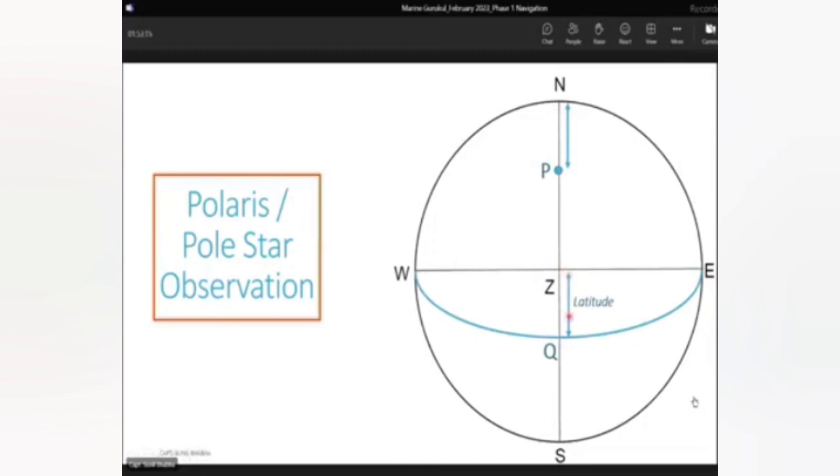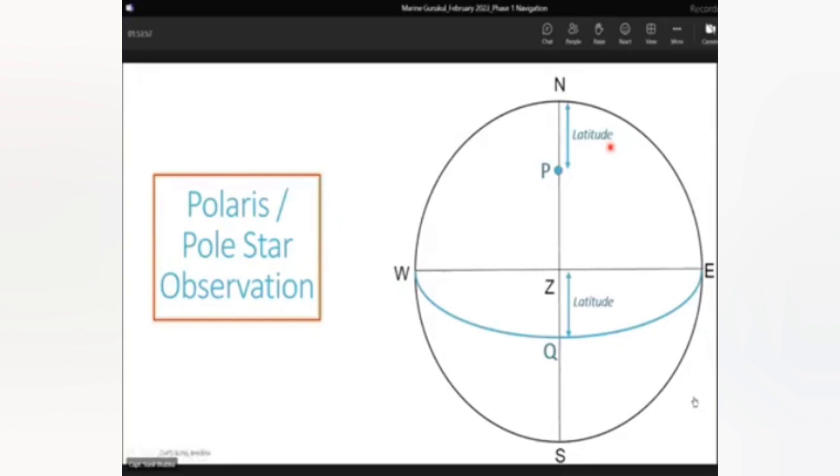So the difference between Z and Q will be the same as the difference between N and P. Or in other words, the arc ZQ will be equal to the arc NP. So with this, we come to know that this NP will be equal to the latitude of the observer. In other words, you can say that the altitude of the pole or the elevation of the pole straight away gives us the latitude of the observer.